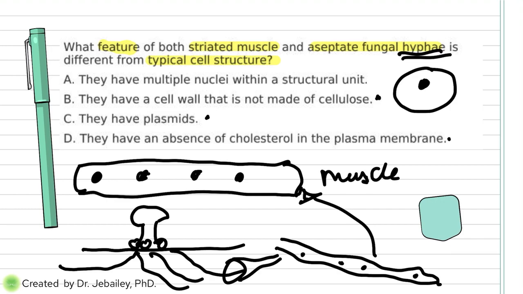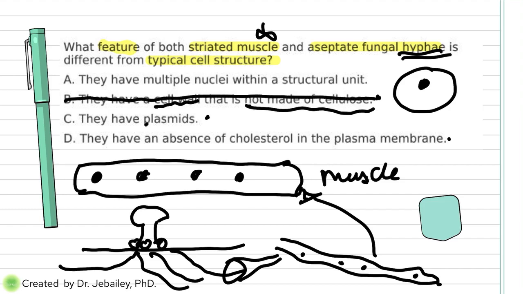Let's look at the first one. They have a cell wall that is not made of cellulose. Now we know that animals do not have a cell wall. Humans do not have a cell wall. So if it's a muscle, how is it that a muscle has a cell wall? They don't. So this is already discarded. Next, plasmid. Plasmid is for bacteria.